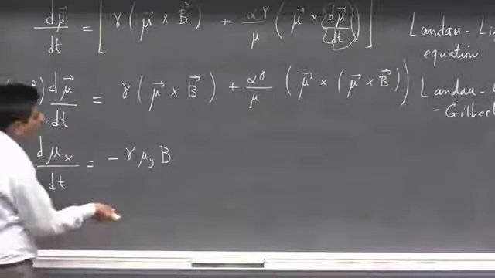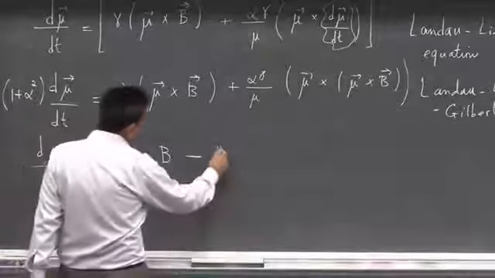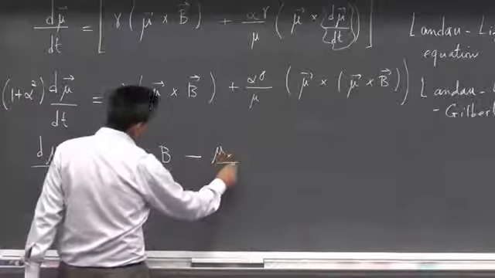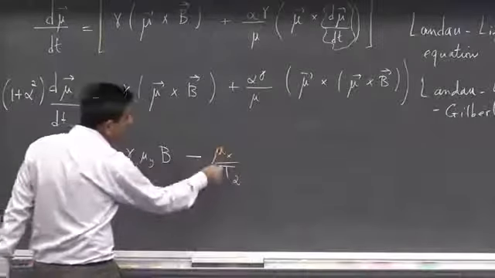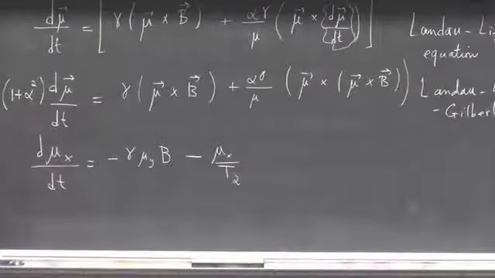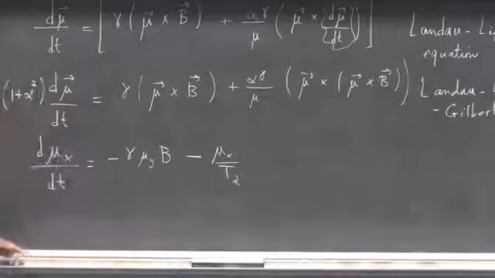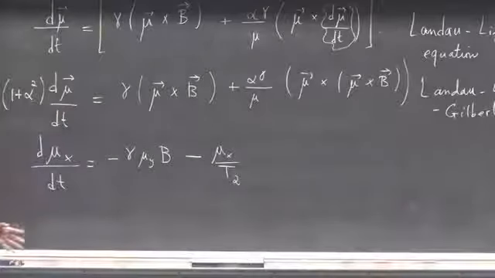However, if you phenomenologically add another term to it, which is minus mu x over T2, but this T2 has dimensions of time, can you imagine what is going to be the effect of this additional term on this equation?